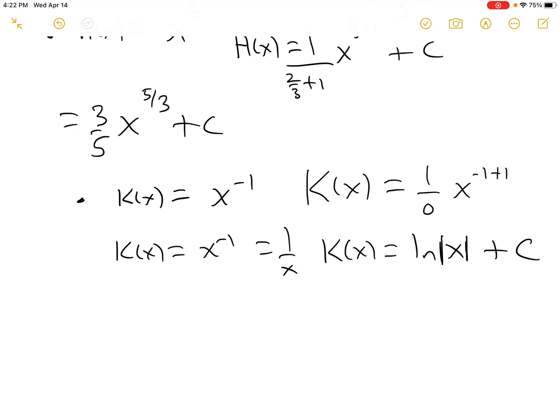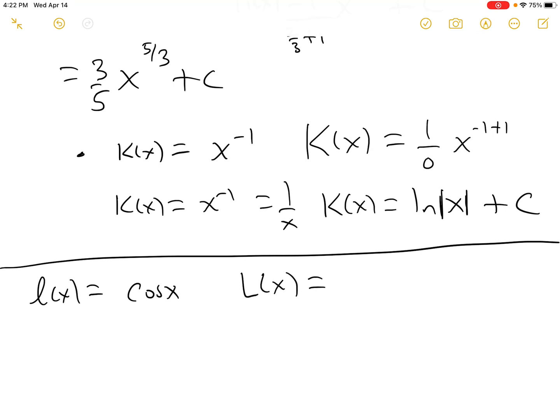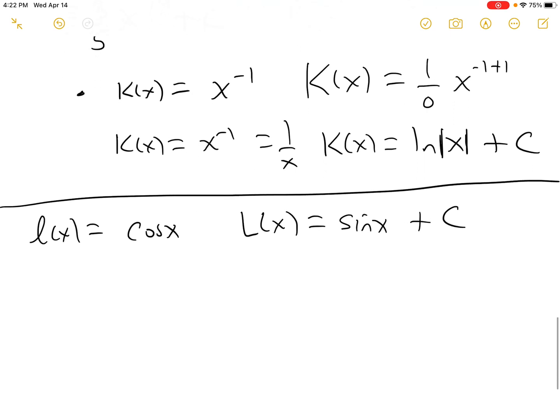Okay, let's just keep thinking out loud, or I will. What if L of x is cosine of x? Which function has the derivative of cosine? That's sine, isn't it? Right, because L prime of x is cosine. What if I have sine?